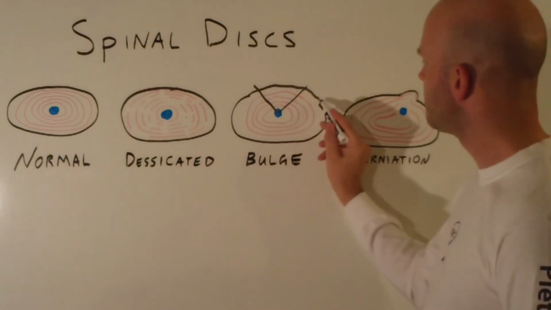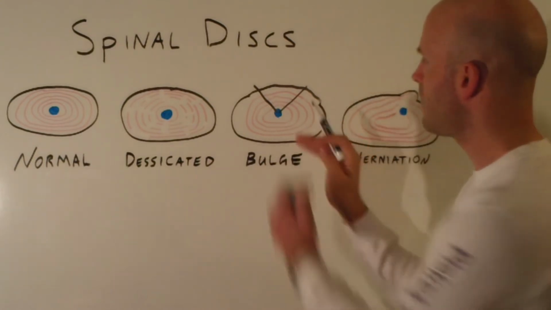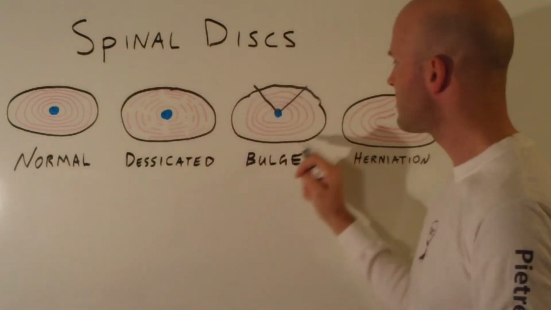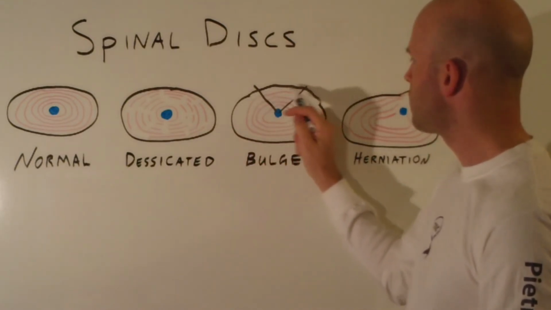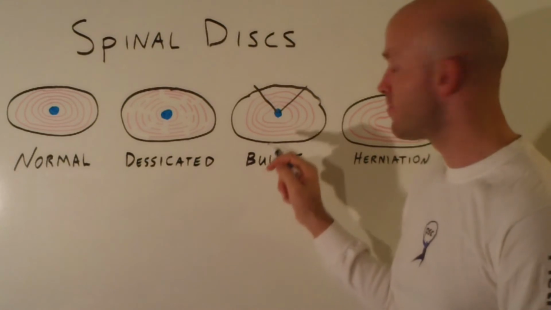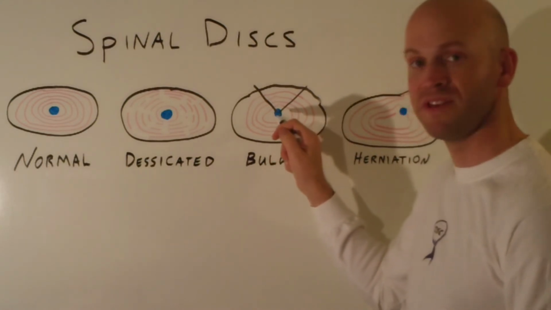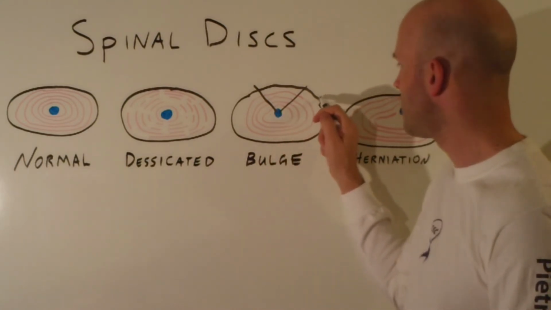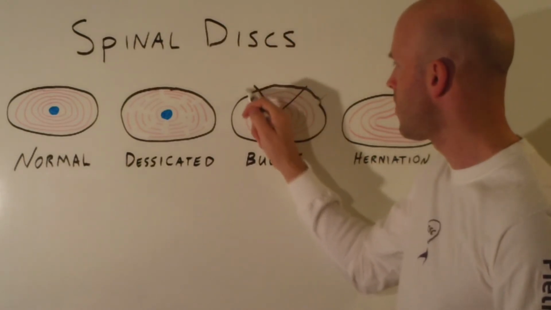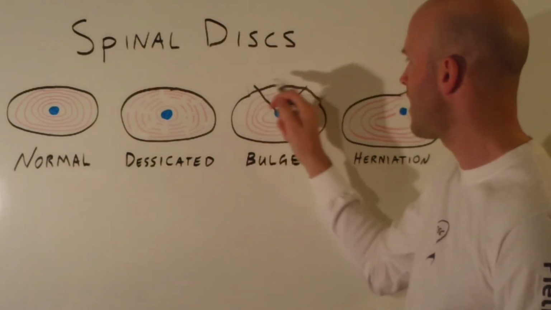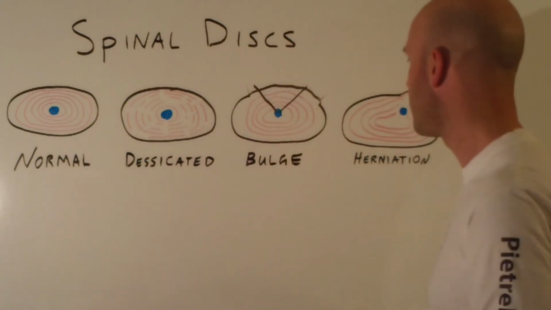And you can see this bulging material going out beyond the rest of the contour of the disc. And since it's wider than 90 degrees relative to the center of the disc, this is considered a bulge. So it comes from here and it goes all the way over to there.